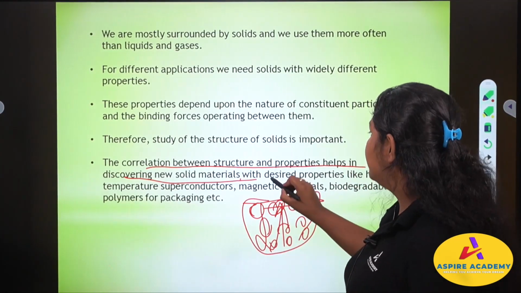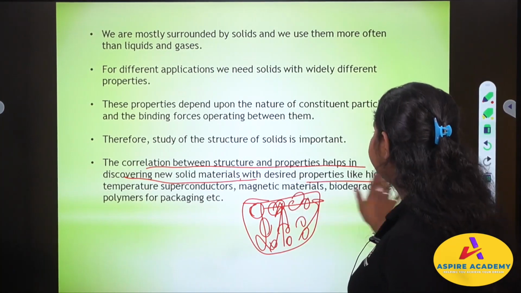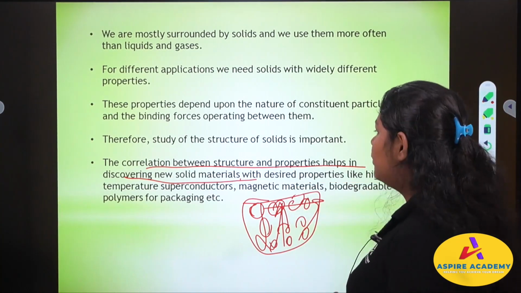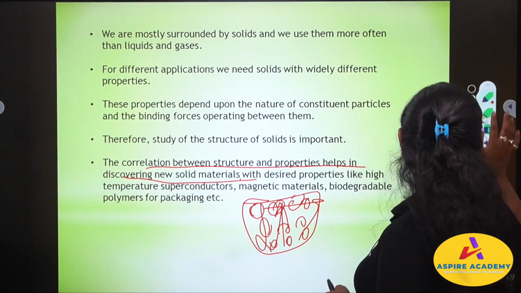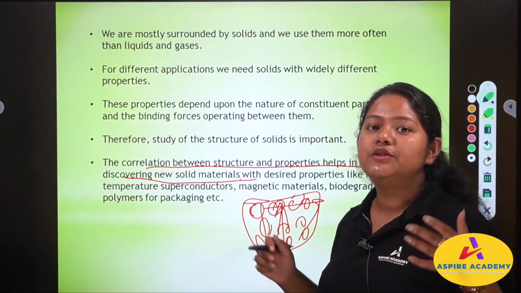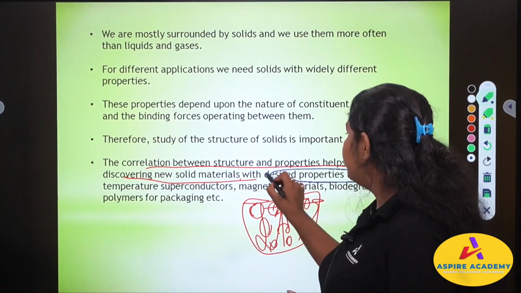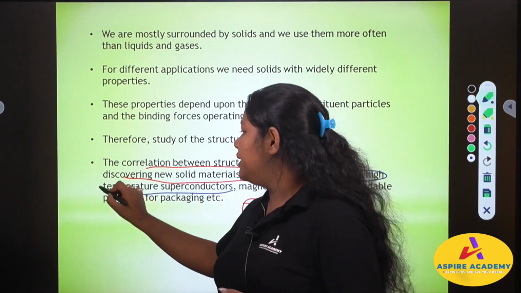So basically we need to know that when we know the structures and properties of a solid, we will be able to discover new kinds of solids where we desire properties like high temperature semiconductors.